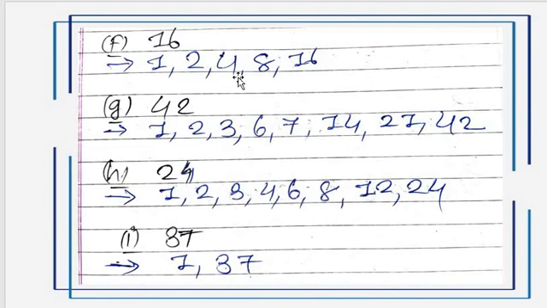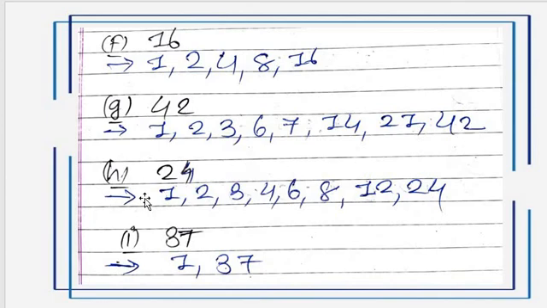The factors of 16 are 1, 2, 4, 8 and 16. 16 ones are 16, 8 2s are 16, 4 4s are 16, and 16 itself is a factor. Then 42: 1, 2, 3, 6, 7, 14, 21 and 42.